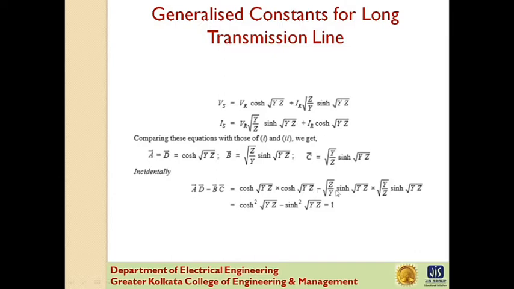On solving this equation we get AD minus BC equals 1. So this fulfills the properties of transmission line parameters, where A equals D and AD minus BC equals 1.